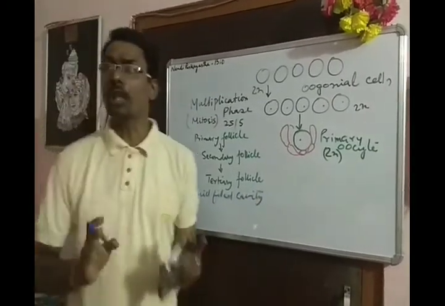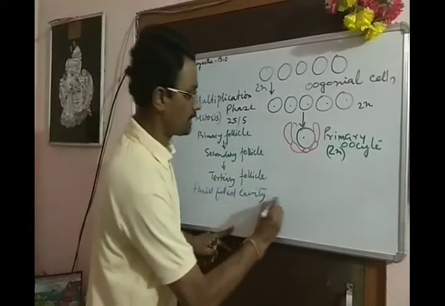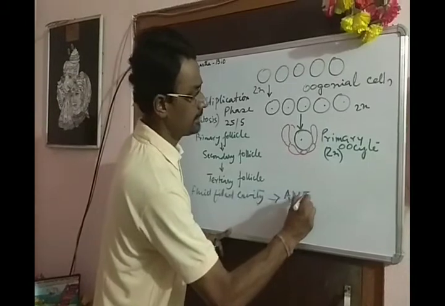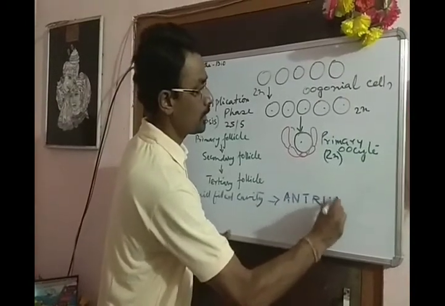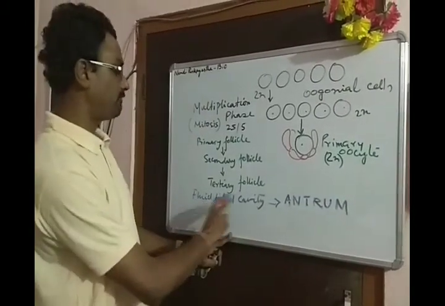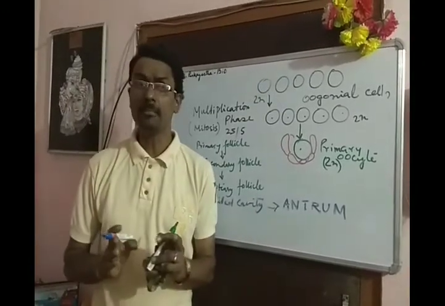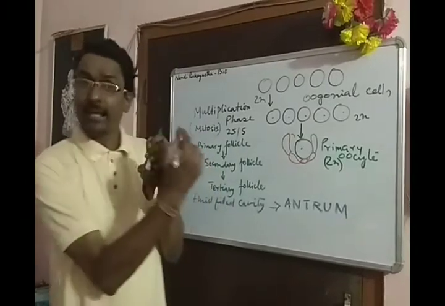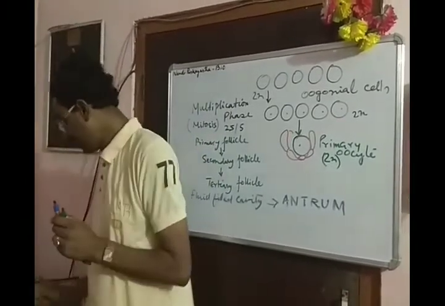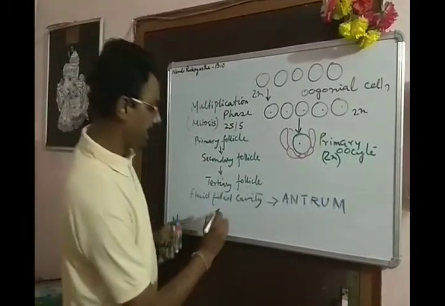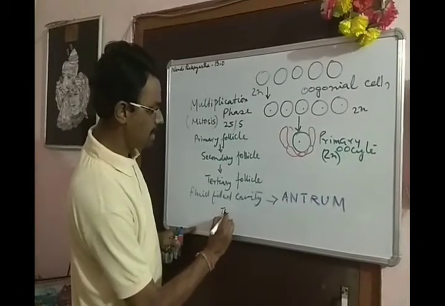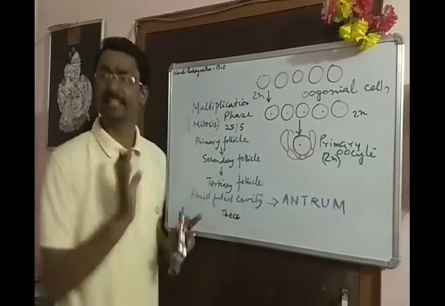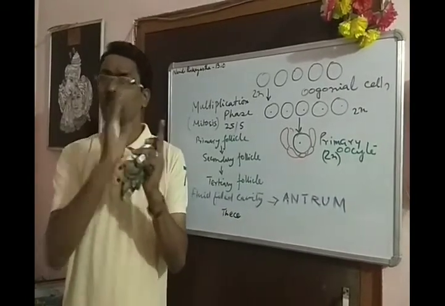That is called the antrum, A-N-T-R-U-M. That is a fluid-filled cavity called the antrum. The antrum has theca around it, layers. What is called theca, T-H-E-C-A. These are some of the characters you are finding. There are two layers.